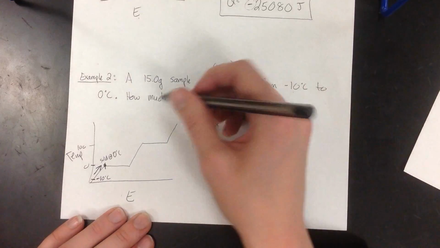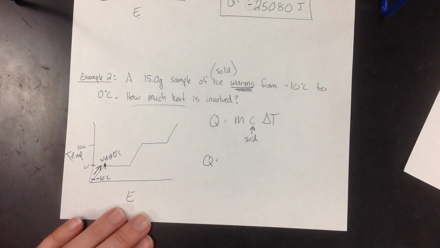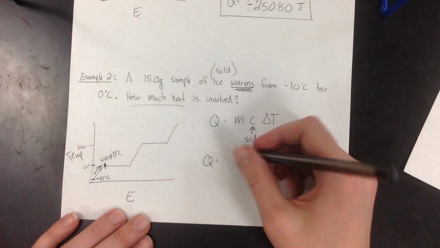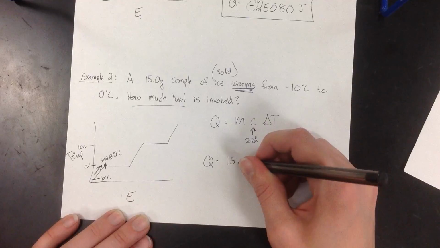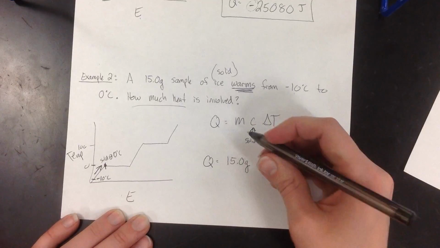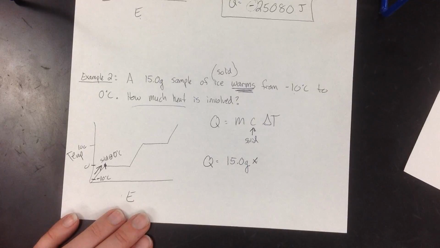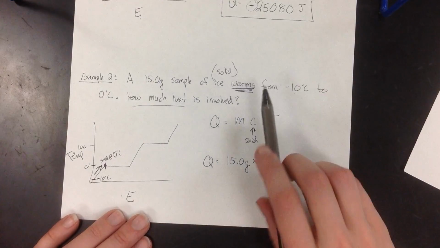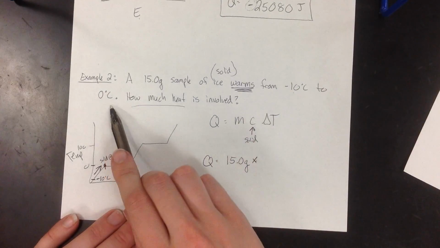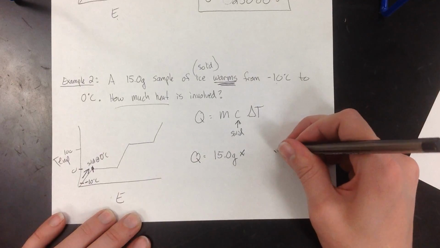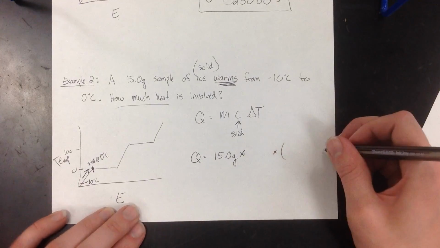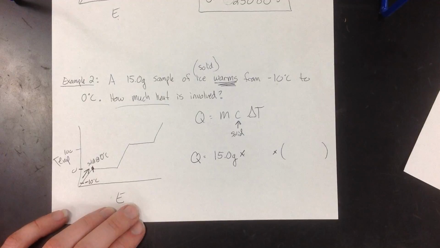My heat is what I'm trying to find, how much heat. A 15-gram sample, that's going to be my mass. Tells me how much of my substance I have. Let me write it like this instead of parentheses. It's warming from -10 to 0. So I've got my temperature change, final minus initial.